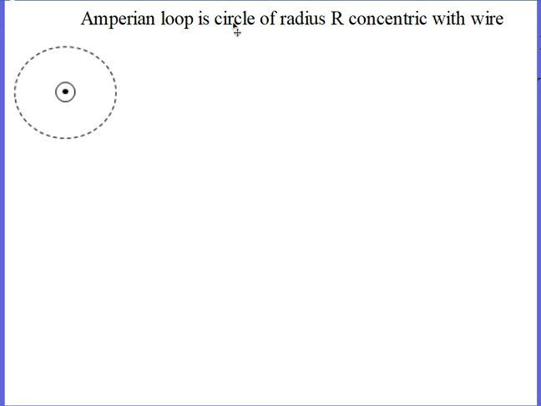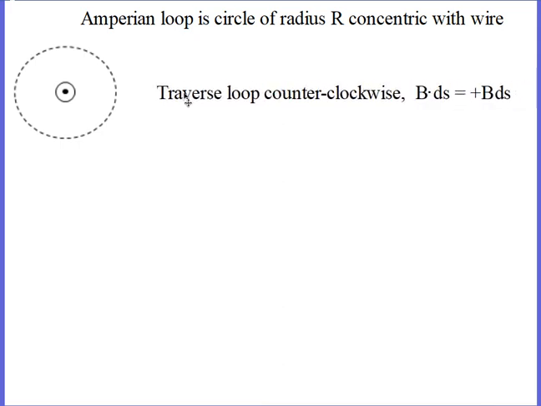It's a circle. Its radius is r because I want to know the magnetic field at r away from the current. And the loop has its center at the current, at the wire. You need to tell me all of that stuff. And then you need to talk about how you're going to traverse the loop.